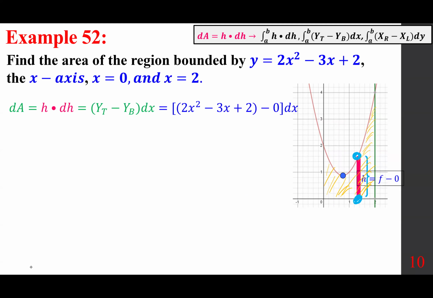So the top function is the curve, the bottom is just nothing, minus 0. But you have to be very careful with that. So just evaluate the area, replace the h with that, and the dh is dx, because think about this.